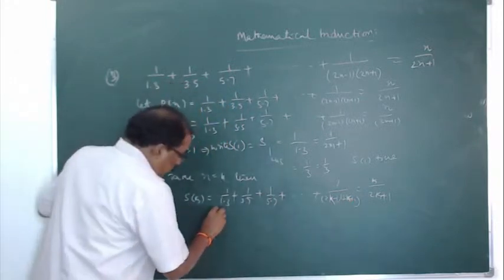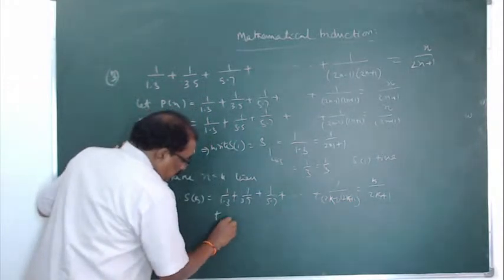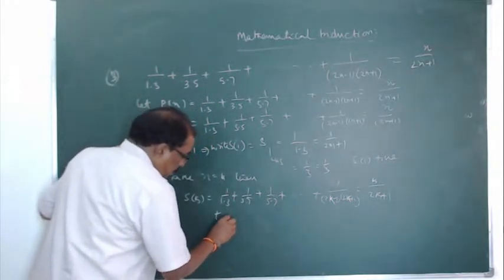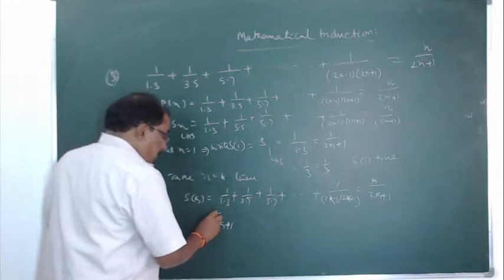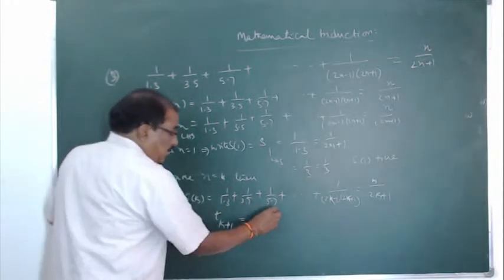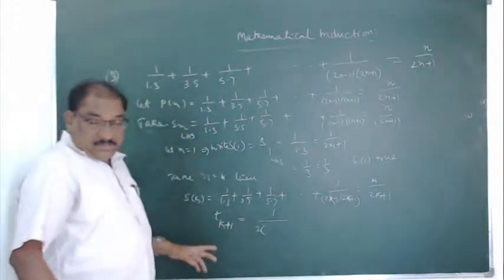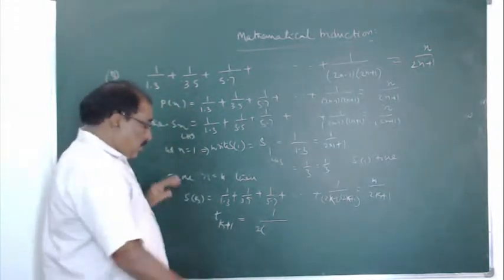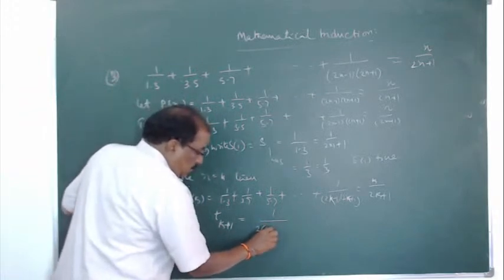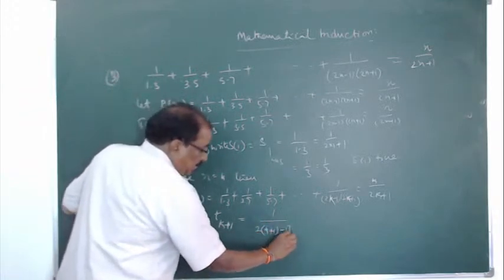Now T of k plus 1, the k plus 1 th term, is nothing but 1 by, in the place of k, k plus 1, that is 2 into (k plus 1) minus 1.